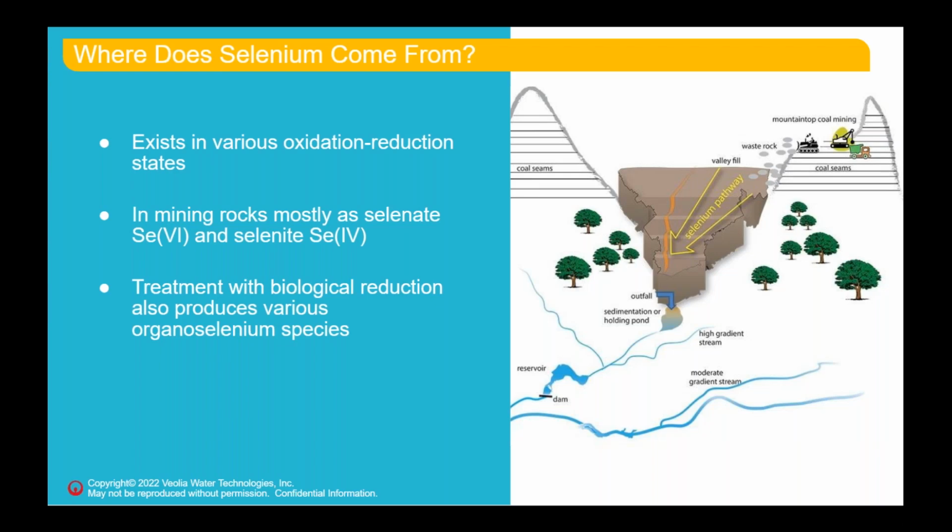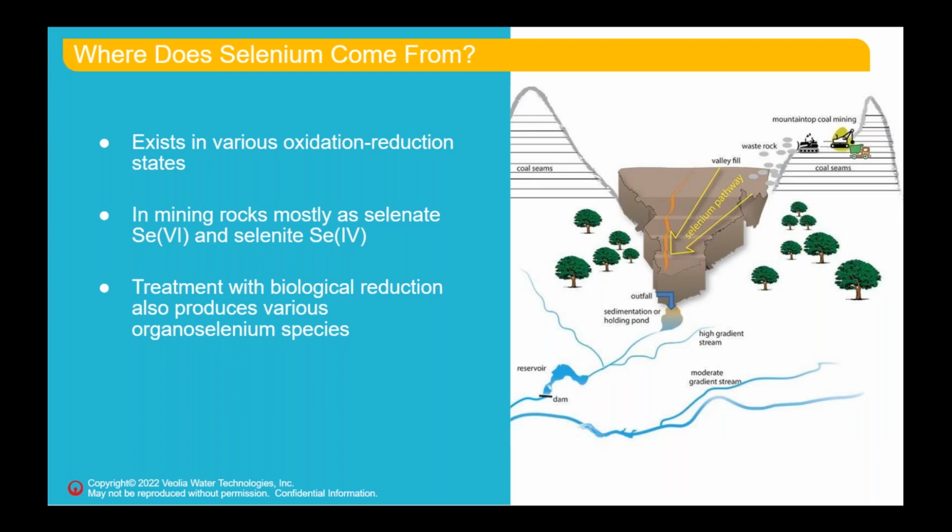I want to add that the leading treatment technology that we use nowadays for removing selenium is the reduction of selenium to elemental selenium. Even if elemental selenium is not naturally present, or at least not in any significant concentration in the environment, the treatment process that is mostly used nowadays does produce elemental selenium.